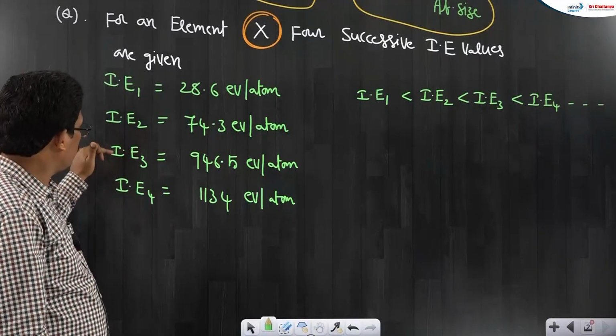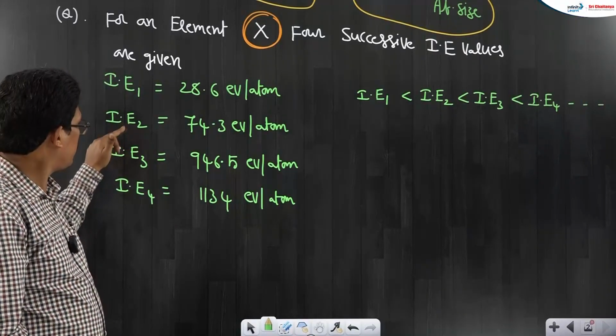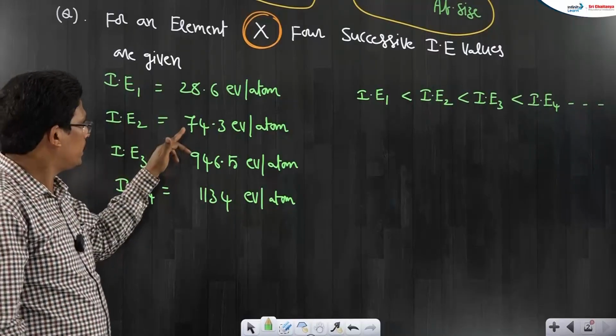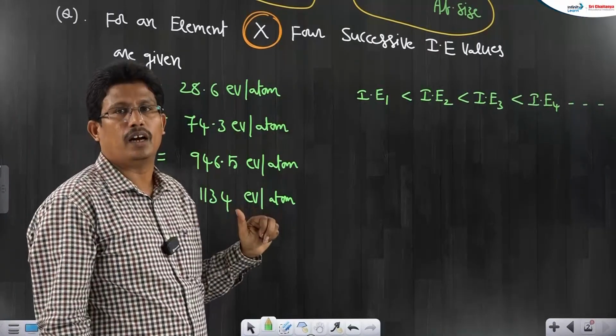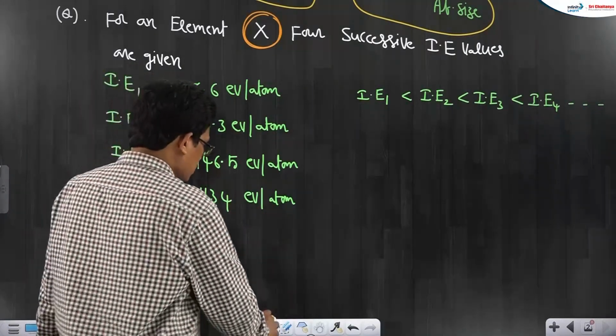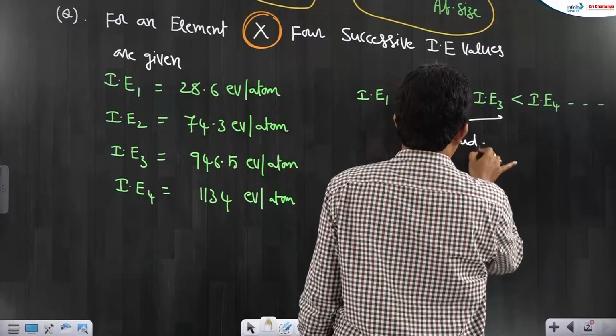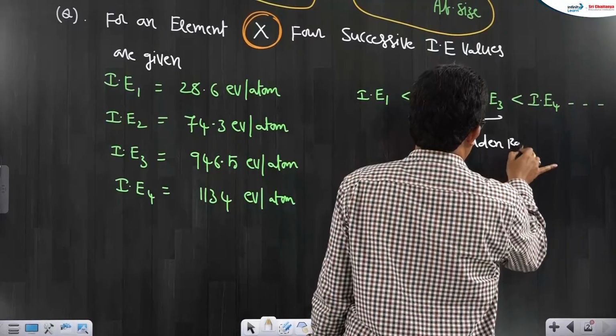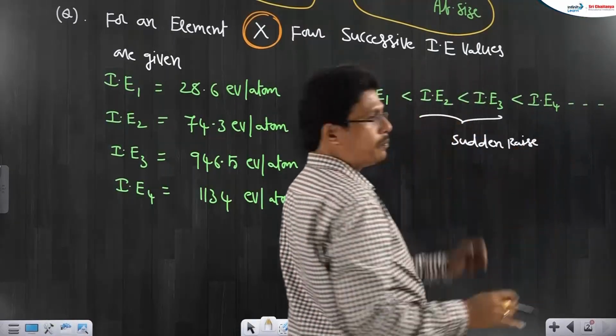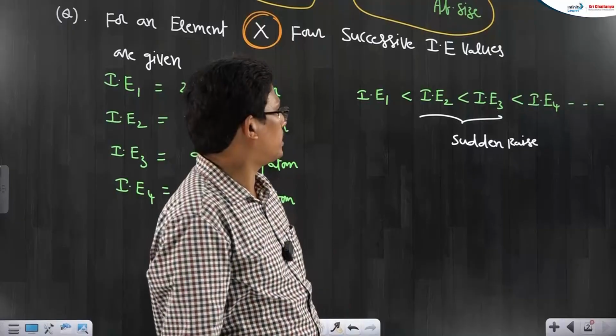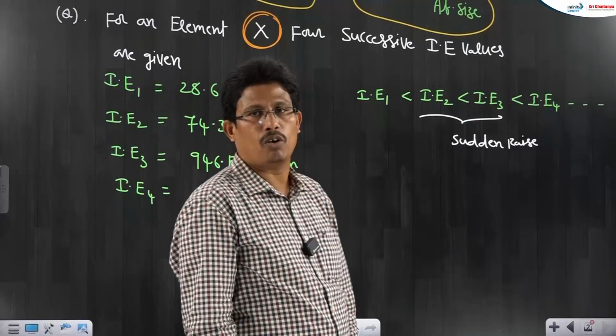But from IE2 to IE3 there is a sudden rise in ionization energy value. A sudden rise or large jump between two successive IP values indicates that the lower one is a stable configuration.